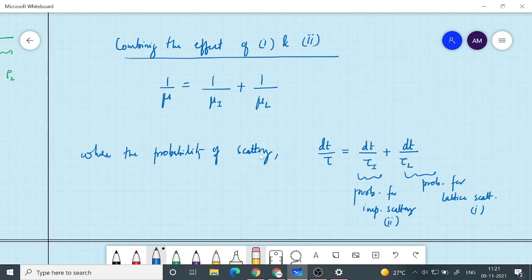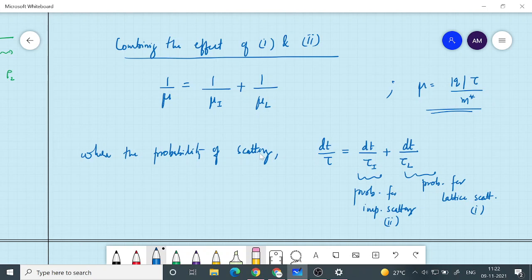Because the mobility expression, you remember, mobility was q tau divided by m star. So this was our expression. Tau is the parameter through which mobility becomes dependent on these scattering mechanisms, whereas m star is a constant that comes from the band structure that we derived.